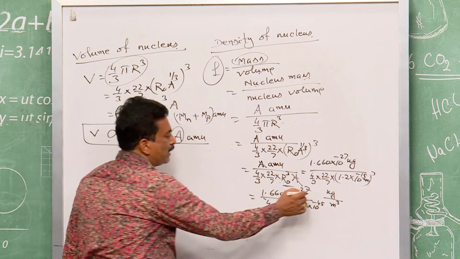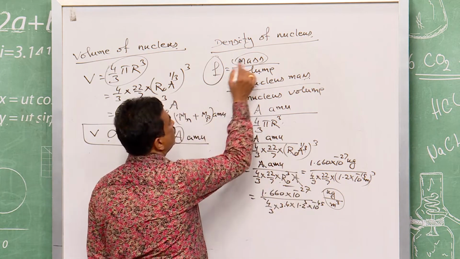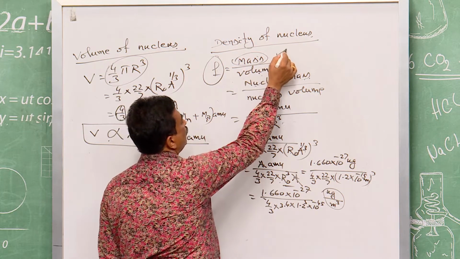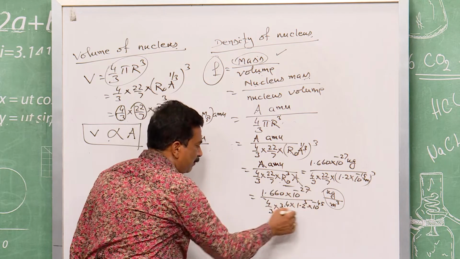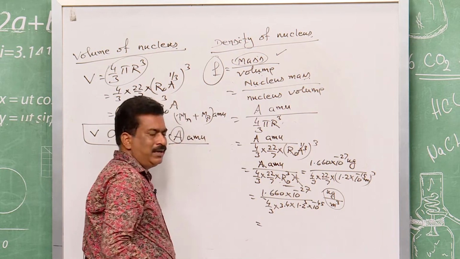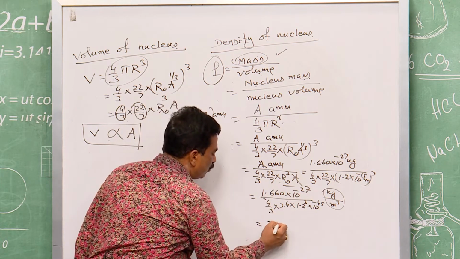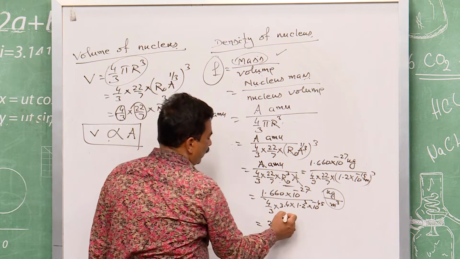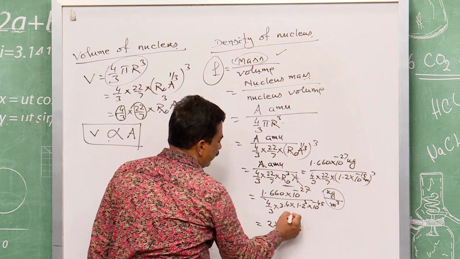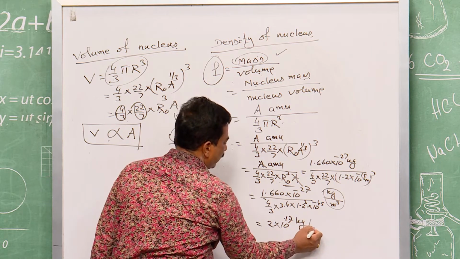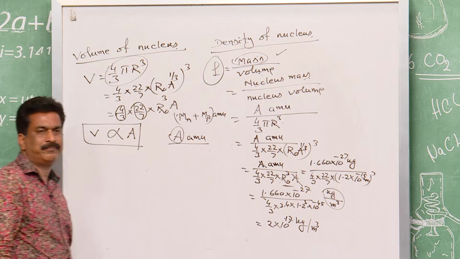So, this is kg by meter cube, because the density is the mass by volume. So, mass will be kg, volume will be meter cube. If you simplify that, it will give you 2 into 10 to the power of 17 kg by meter cube.